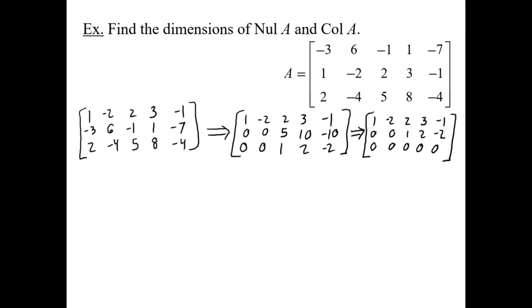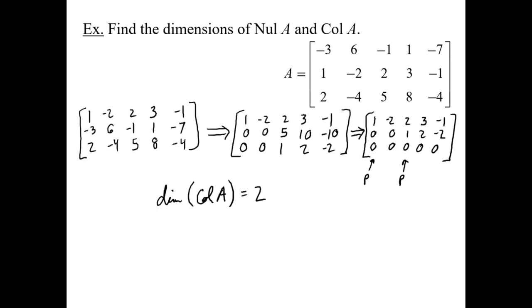Okay. Now, I'm going to observe that there are two pivot columns. I'll label those with a P. There are two pivot columns, which means that the dimension of the column space of A would be 2, because the basis for the column space of A would be just those two columns.